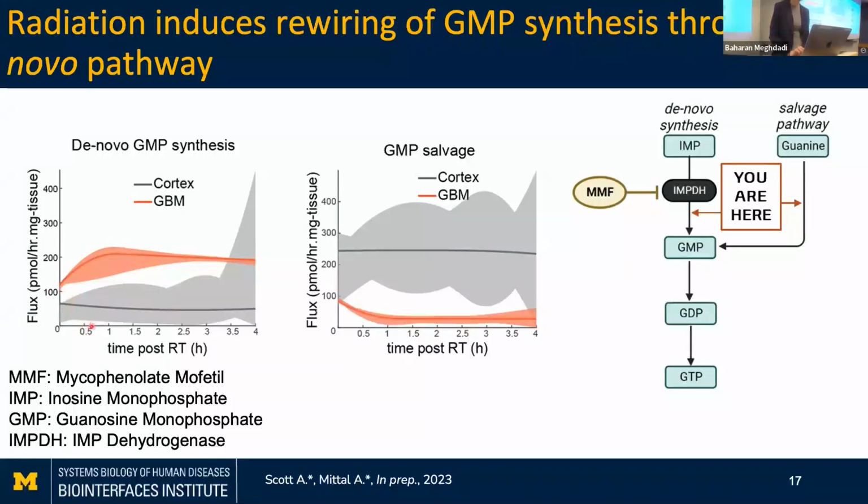As you can see here, after the radiation, the rate of de novo GMP synthesis goes higher, and the salvage is lower. So this is another reason that we think this drug can be used after radiation.